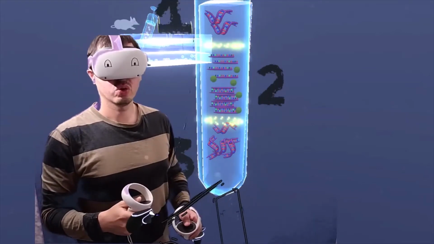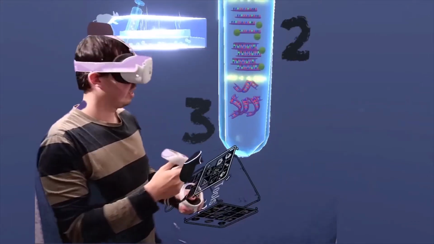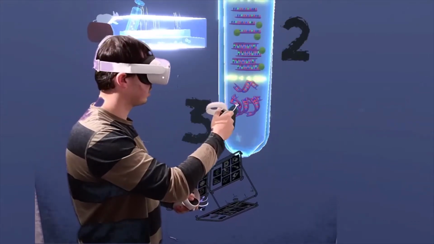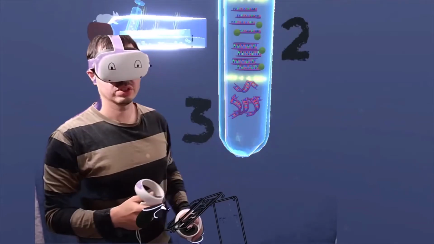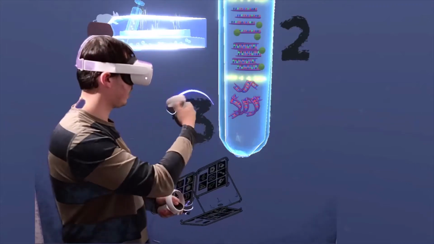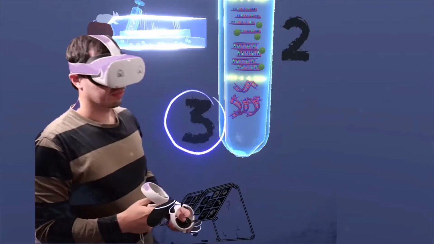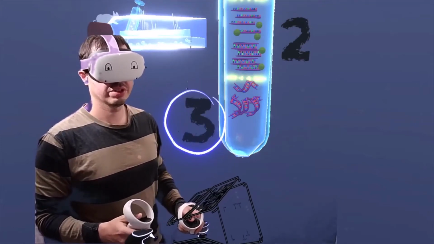Then you cool down the medium. The temperature goes down and DNA strands fuse together according to base complementarity. This is the 3rd step. And at that stage, you have doubled your genetic material.